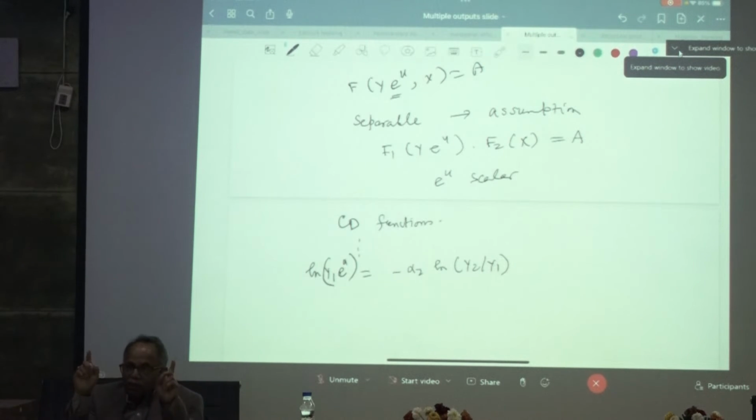Because again, all you do is be observant, and instead of mechanically doing it all over again, you just say, well, do I want to repeat it? The answer is no. Whenever you see y before, now you replace y by y times e to the power u. Now in here, e to the power u is redundant because they will cancel, but e to the power u is appearing in here.